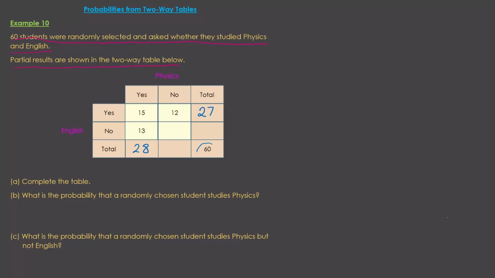So if we know that the total here is 60, that must mean that this is 32 and this is 33. And therefore, the number that goes in here must be 20. 12 plus 20 is 32. 13 plus 20 is 33.